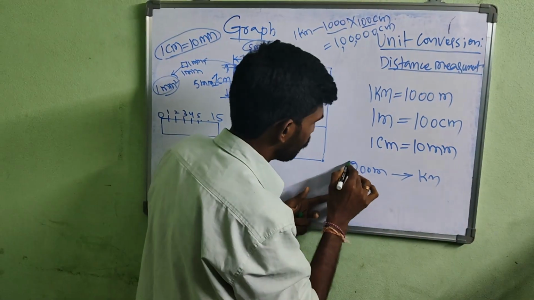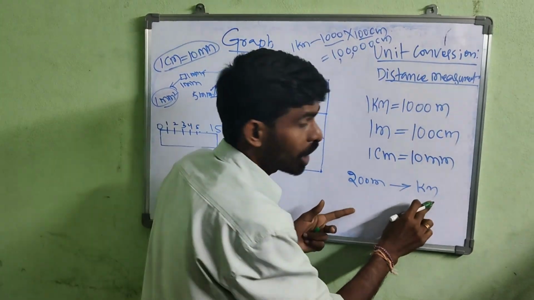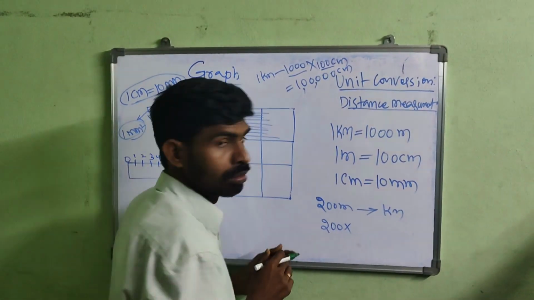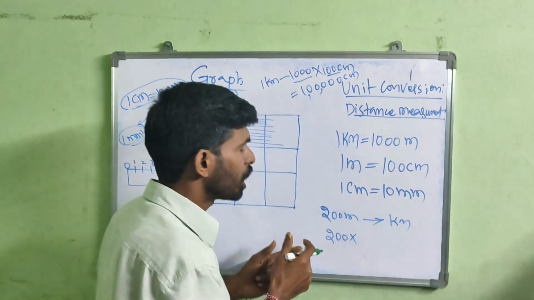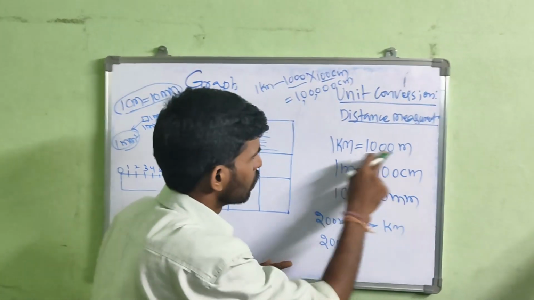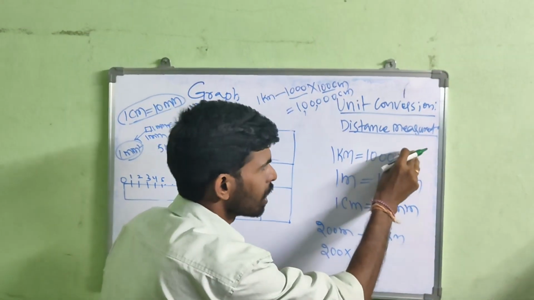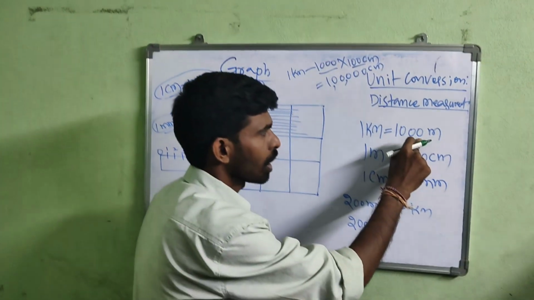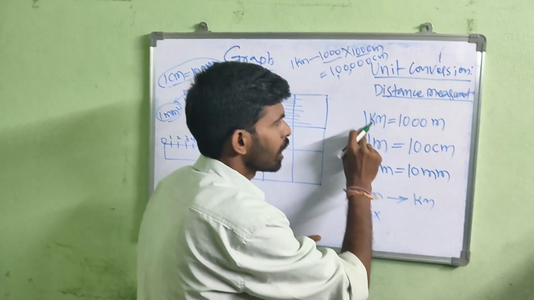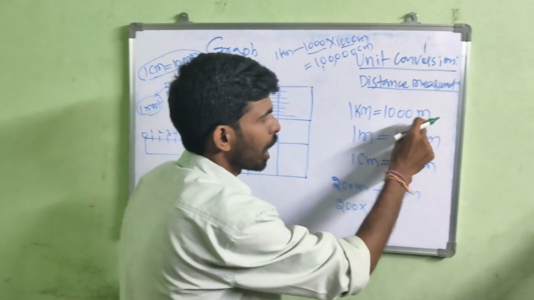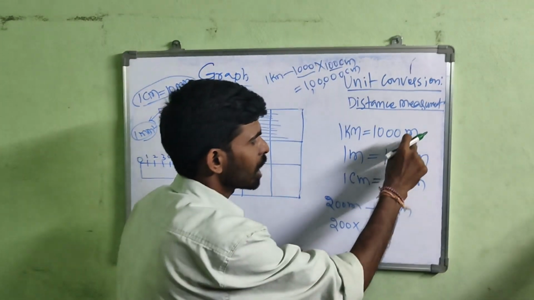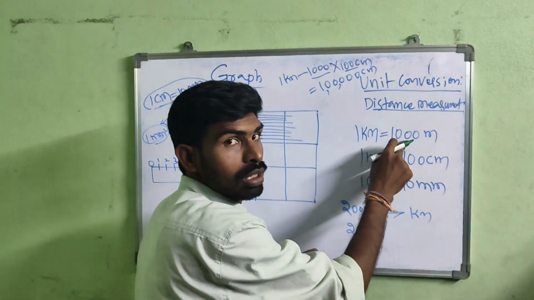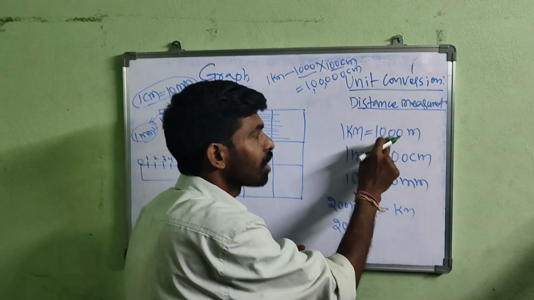So 200 meters to kilometers: 1 meter is 1 by 1000 kilometer.